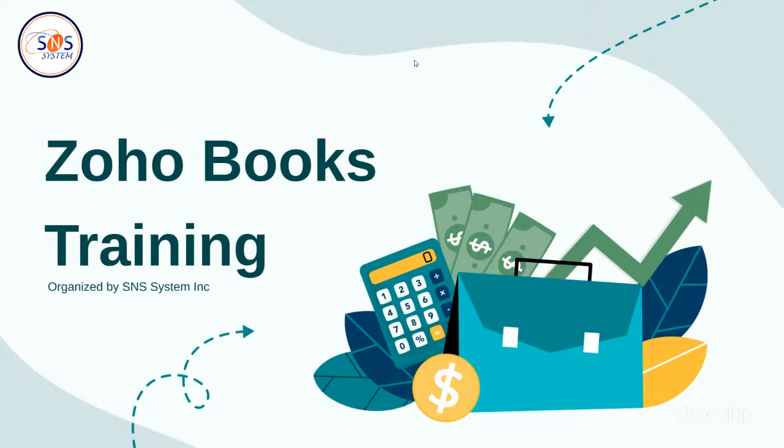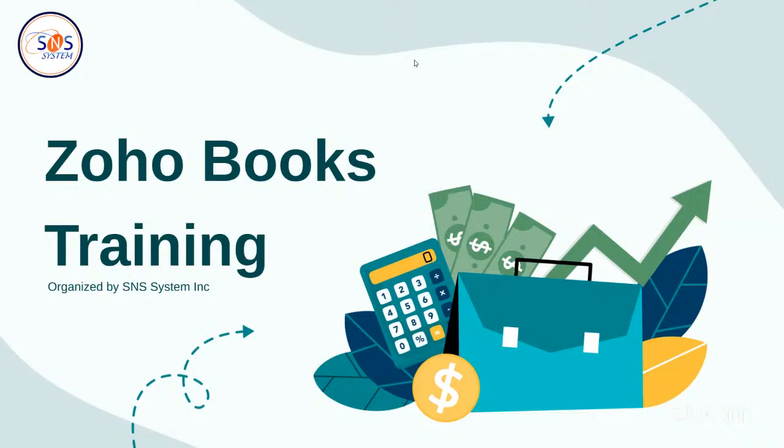Until now, we've learned how to set up your organization, handle sales, manage customers, and record purchases. Since we are now halfway, I would love to cover what we have discussed earlier. In session one, we discussed how you can set up your Zoho Books account, your organization profile, your tax profile, all that.